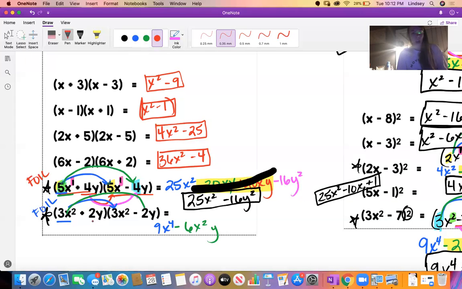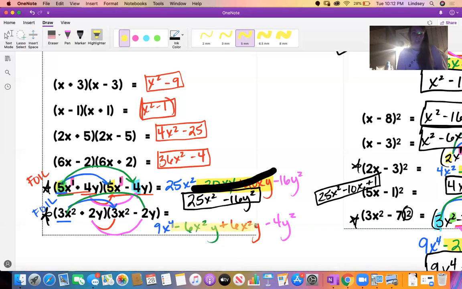I have 2y times 3x squared. So I multiply coefficients, 2 times 3, that's going to give me a positive 6. Y times x squared, again, it's just going to be x squared y because alphabetical order. And then last, we have 2y times negative 2y, which is going to be negative 4y squared.